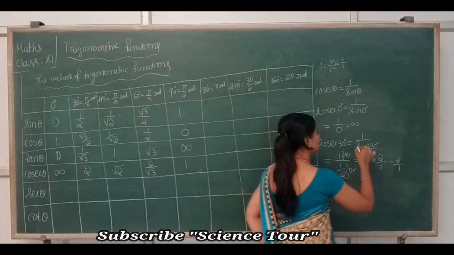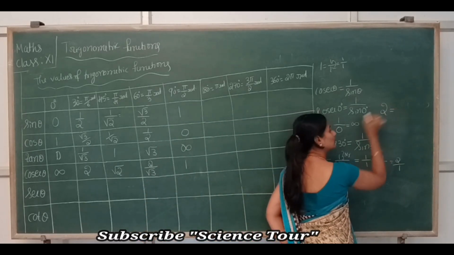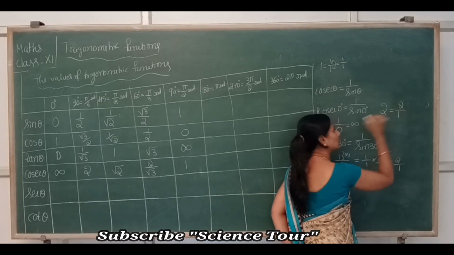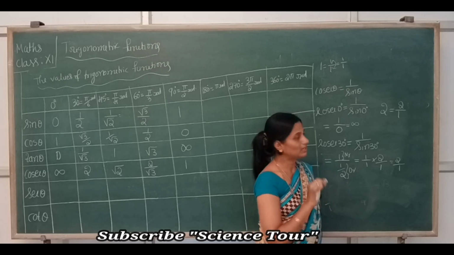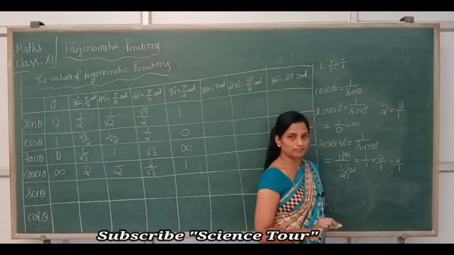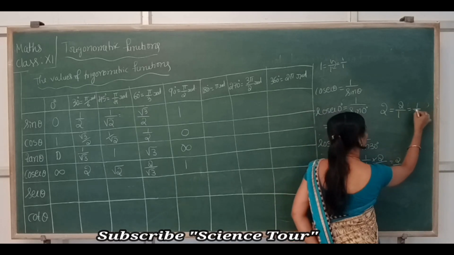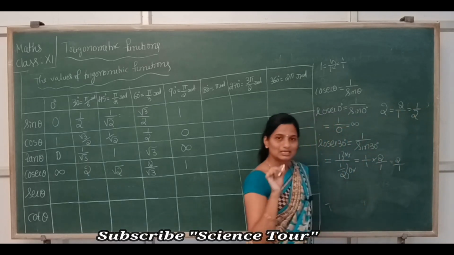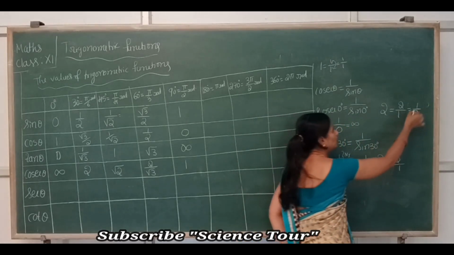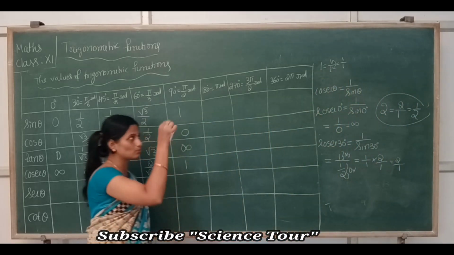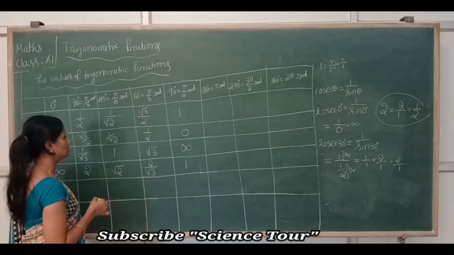Now suppose it is 2. 2 can be written as 2 divided by 1. The reciprocal of 2 by 1 is 1 by 2. Clear now? The reciprocal of 1 is 1 itself.